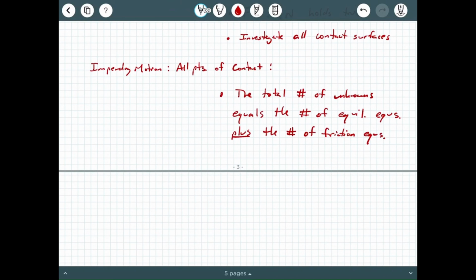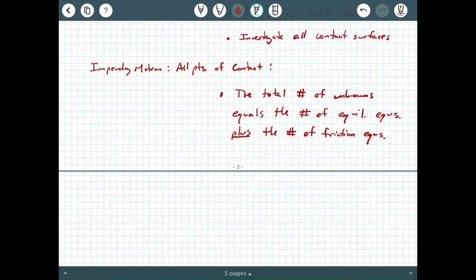So when all the points of contact in a system experience impending motion, the number of unknowns you have is going to be equal to the number of equilibrium equations you have for that given system plus the number of friction equations. So what do we mean by number of friction equations? Well, remember, at each point of contact, you're going to have a friction relationship, right?